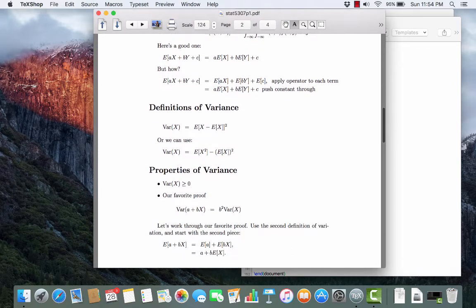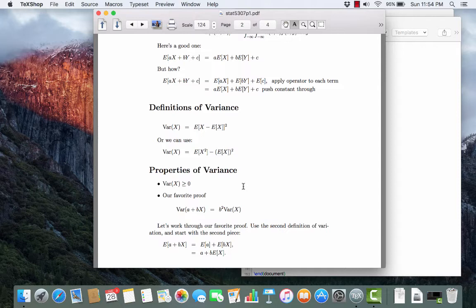All right? So now, definitions of variance, there's two of them. You can either use the expected value of the quantity x minus the expected value of x, the whole thing squared, or you can use the expected value of x squared minus the quantity expected value of x, squared.